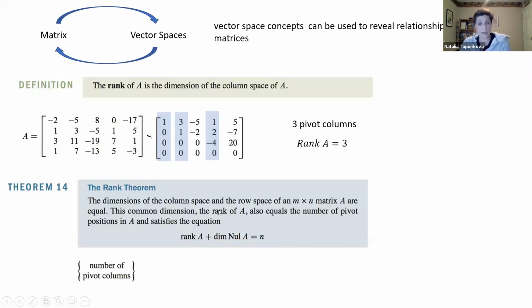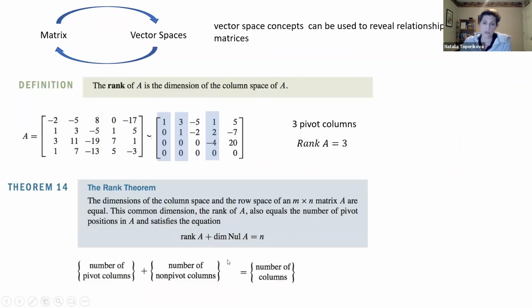For example, rank A, as we saw before, is determined by the number of pivot columns. The dimension of the null space is determined by the number of non-pivot columns. So of course, the number of pivot and non-pivot columns should give us the total number of columns.